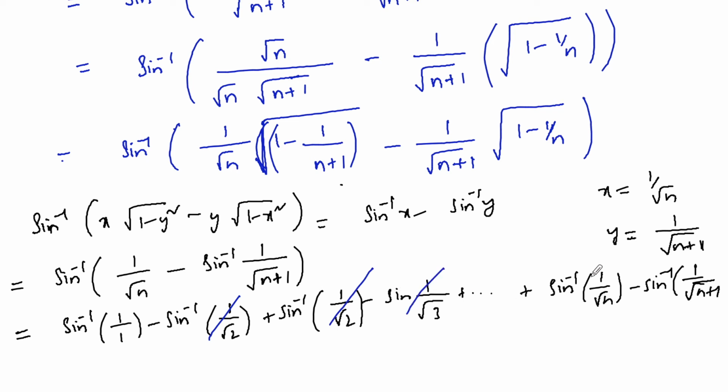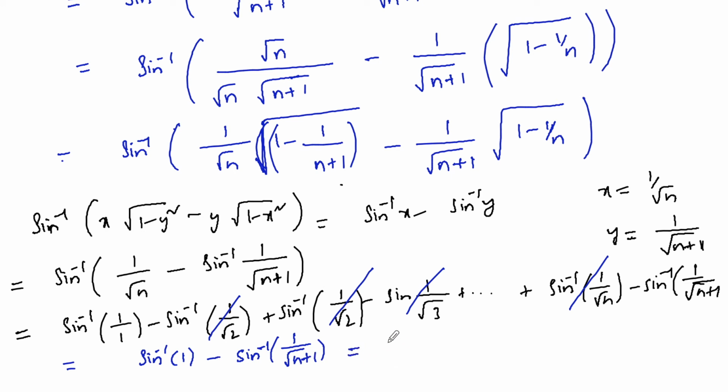and all these terms get cancelled, and the sin inverse of 1 upon root n also will get cancelled with the before term. So finally it's left with only two terms: sin inverse of 1 minus sin inverse of 1 upon root of n plus 1.